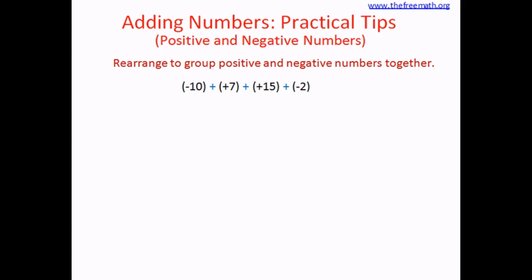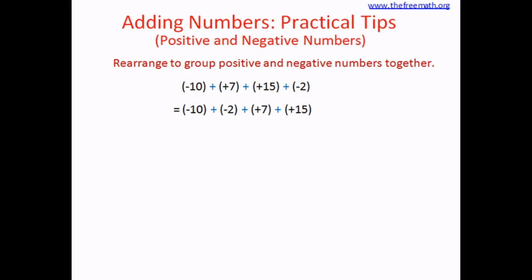Now we already know that we can add the numbers in any order. So it is okay to change the order of the numbers. So let's group all the positive numbers and all the negative numbers together. So let me write it down like this. -10 plus -2 plus +7 plus +15. I have written all the negative numbers first, followed by the positive numbers.